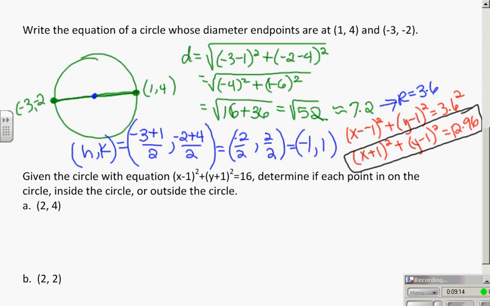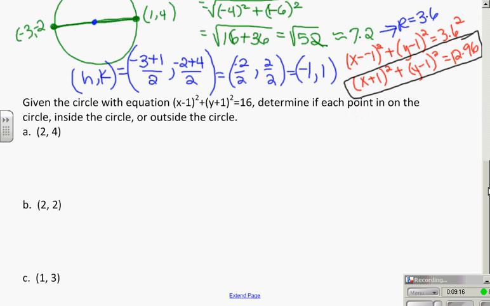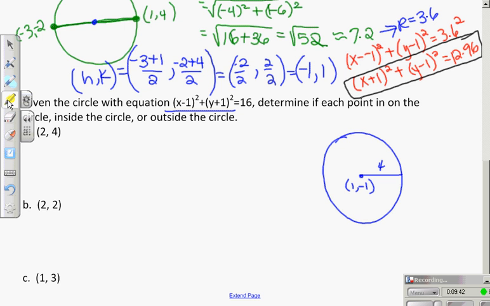Now, given the equation of a circle, sometimes we want to know where points are in relation to our circle. So if we just think about this for a minute, this circle right here has center at (1, -1), and it has a radius of 4. If you look at the first part of this formula, it looks a whole lot like our distance formula.